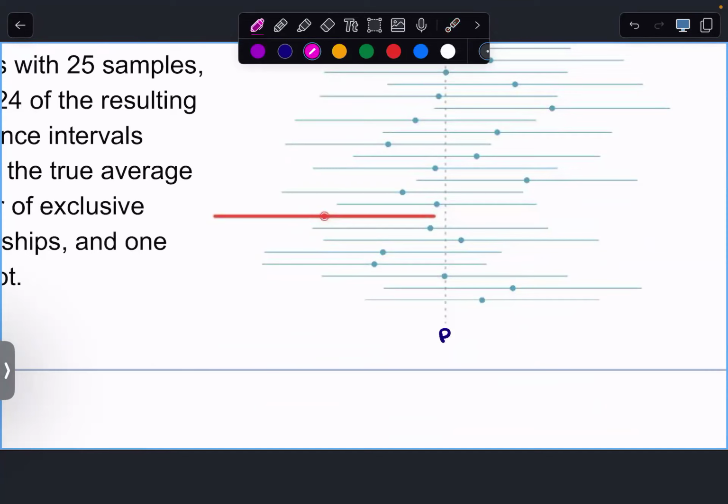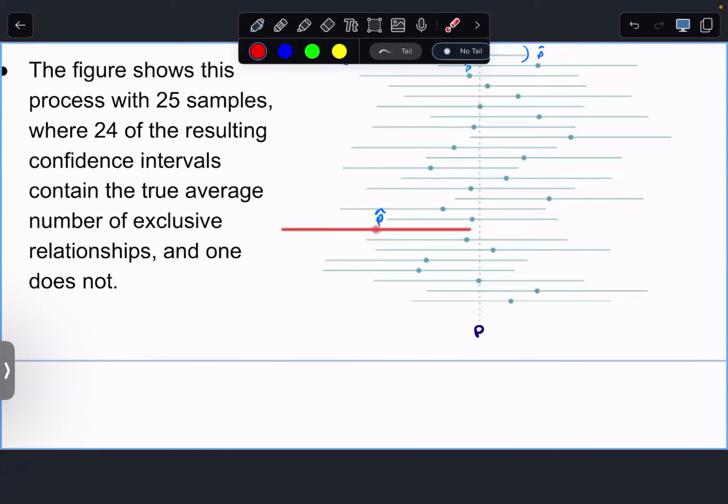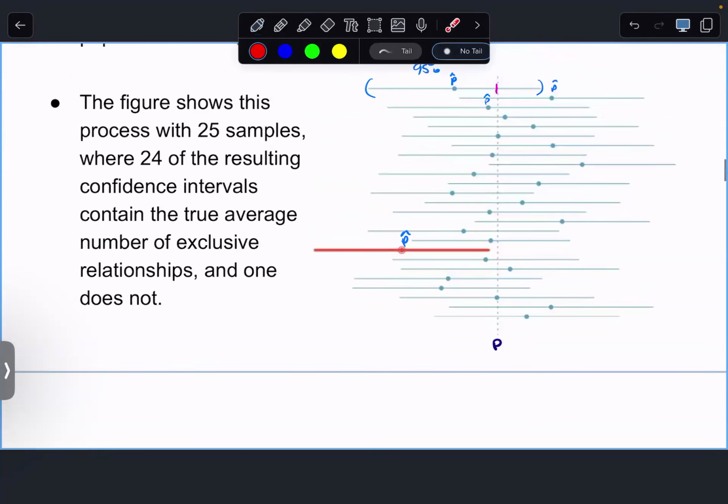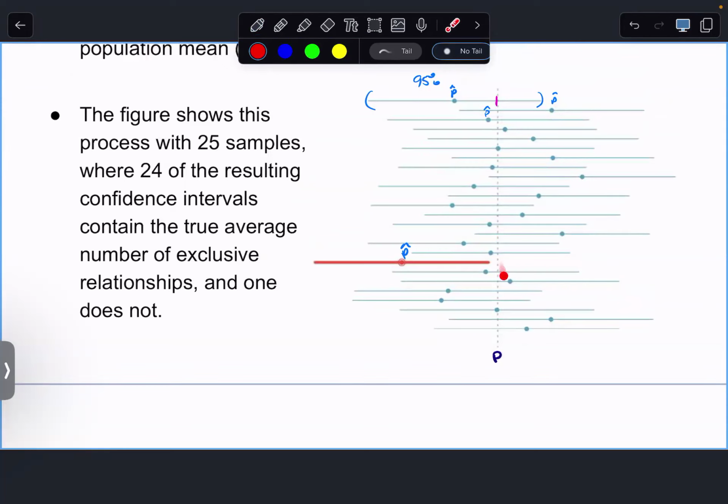And so here, this could be a perfectly representative sample of the population. There's nothing weird about it. It's just the way the distribution of the sample proportions works. There's a chance that you have this sample, and that's why you can only be 95% confident in your interval, right? Because one of these 25, so 95%, or 5% rather, didn't capture the population proportion.